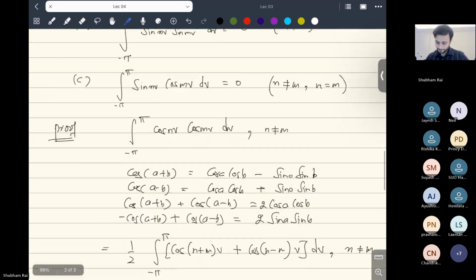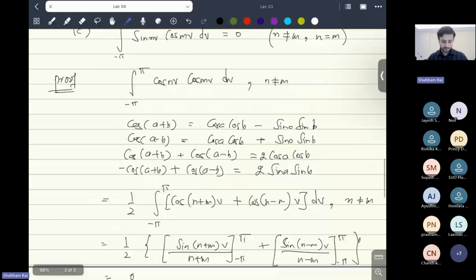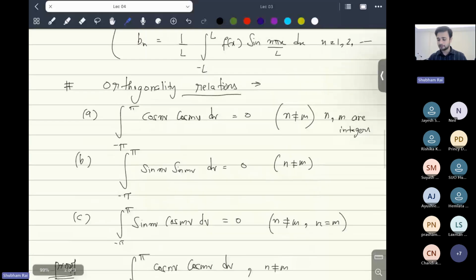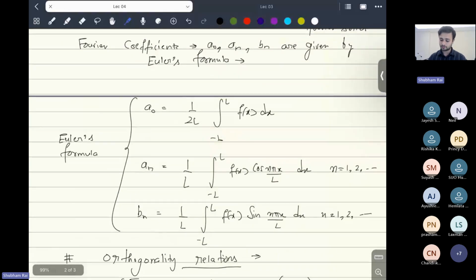So these are orthogonality relations, and we have proved how these are derived, and we will use these orthogonality relations in finding the expressions of a0, an and bn, the Fourier coefficients.